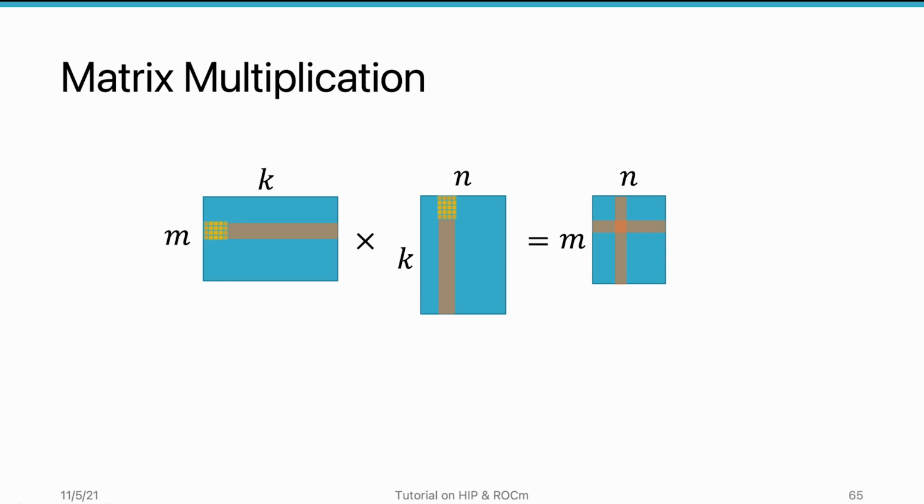Then next, we slide to the right in the A matrix and we slide down in the B matrix. As you can see, the second iteration is actually reloading a lot of data from the first iteration. This data reloading may fall in L1 cache or may not. It's hard to say, it depends on the L1 cache size and the amount of threads running in the GPUs.